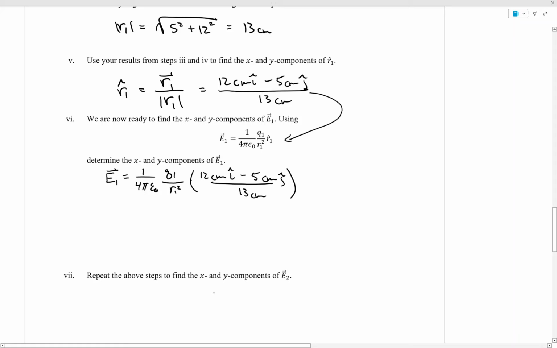Now this is in terms of i hat and j hat instead of the unit vector r1 hat. And we could put in our actual numerical values because we know the charge. So let me do that quick. It's 12 nanocoulombs. We have to put this in meters instead of centimeters so that our units work out.